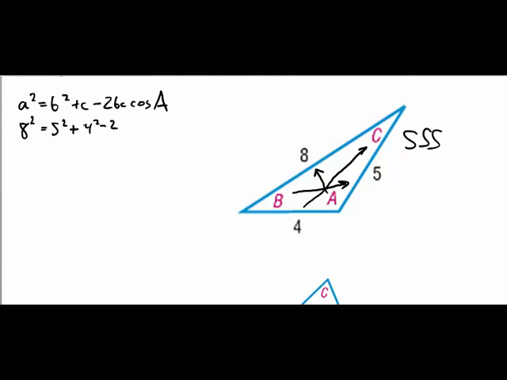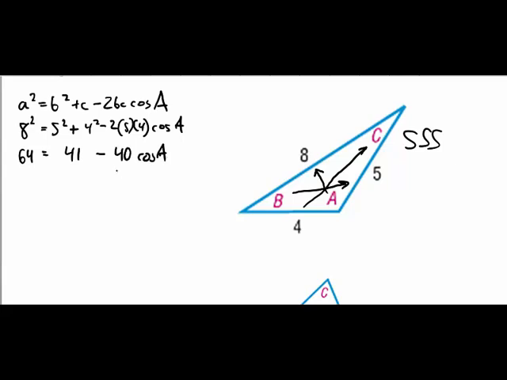Oh, that's a plus here, minus 2 times 5 times 4 cosine A, the missing thing we need to find. So this is going to be 64, 25 plus 16 is 41, minus 2 times 20 is 40.